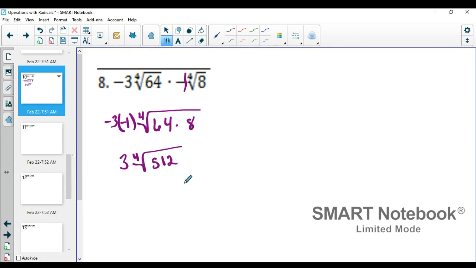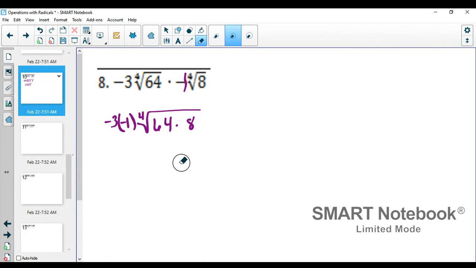And now this is the fun part, because for 512, we need the factors of, and find the one with the largest 4th root, which is actually 64 and 8. So we're actually going to erase this step because it's a pointless step, because we're just going to rewrite this again in a different way. So we have 3, and then the 4th root of 64 is 4.